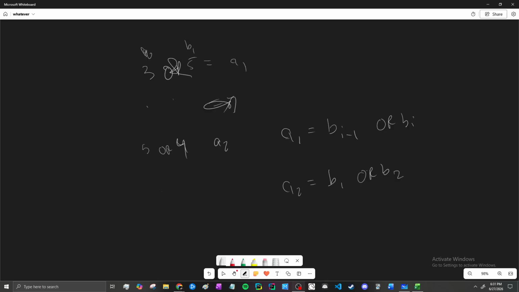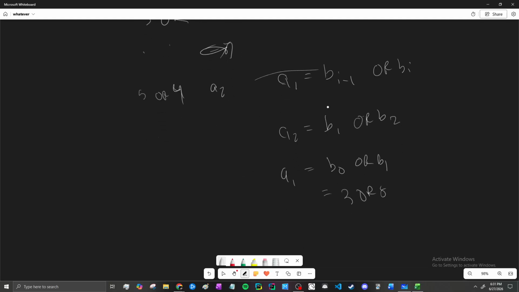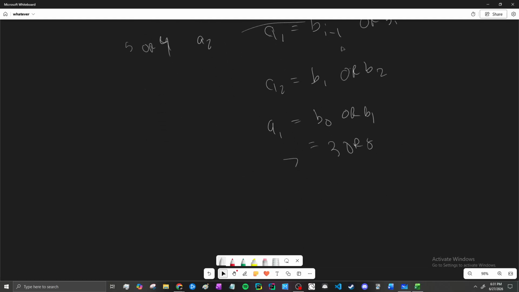I hope I'm showing the right screen. A2 in a sense. Well, A1 is B1, which is 3 or 5, which we know is 7. And so A2 is 5. It doesn't really have to be 5, but 5 is the one they gave us.